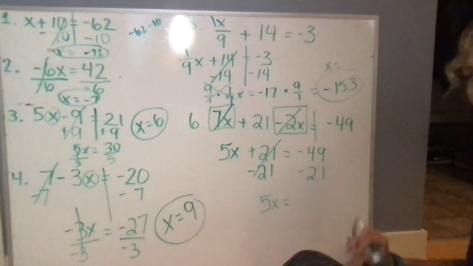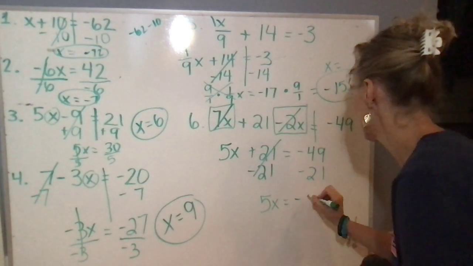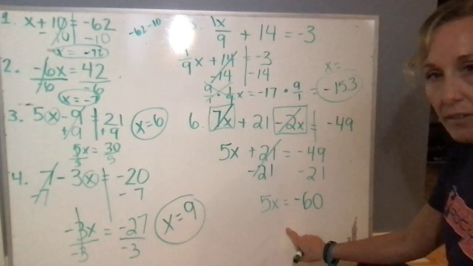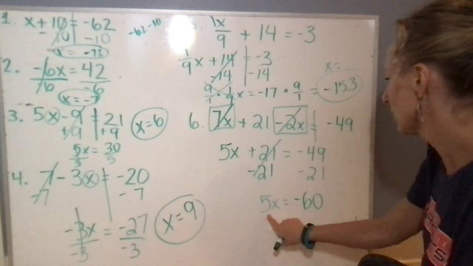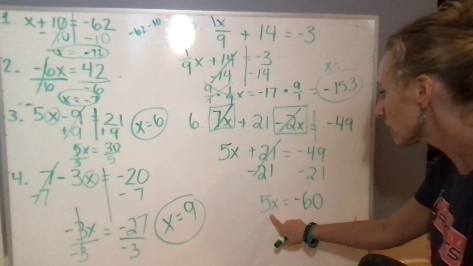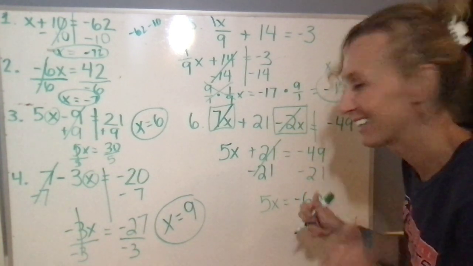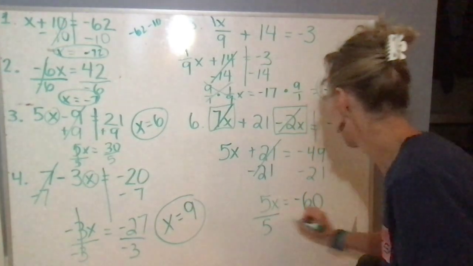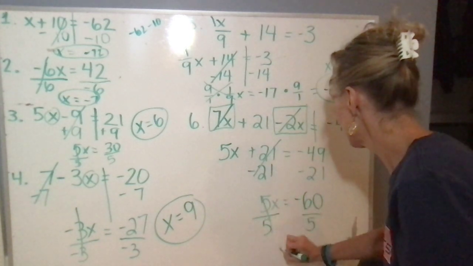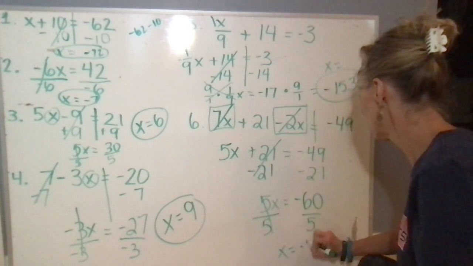What does that end up giving us? Oh, yes, it gives us negative 70. And what's our last step here, when we get down to the bottom and it's right next to each other, is it multiply by the reciprocal or divide? It's divide, that's right. So I'm going to divide by 5, and I get x equals -12.